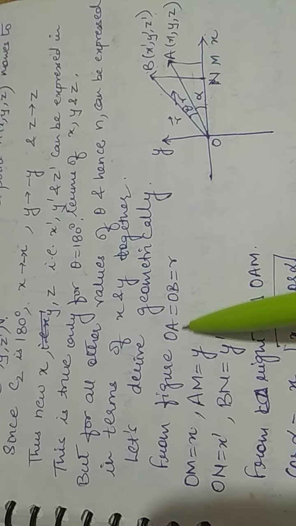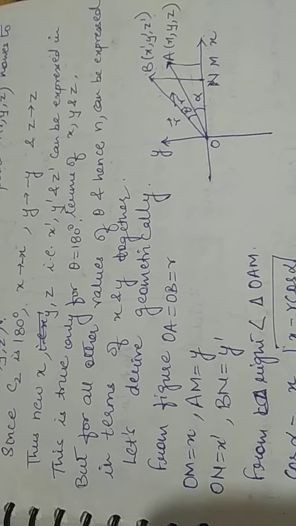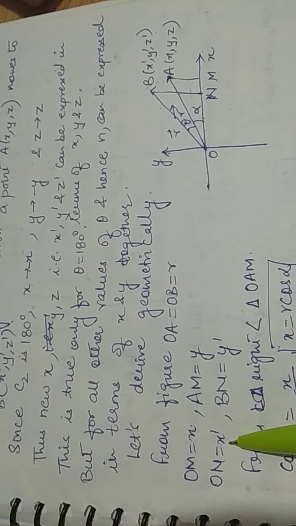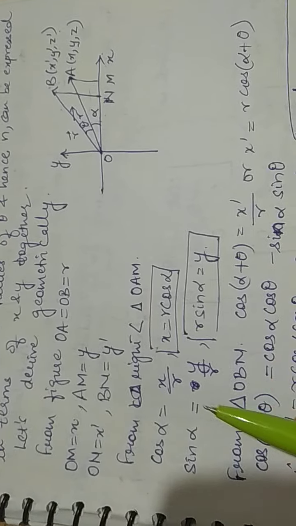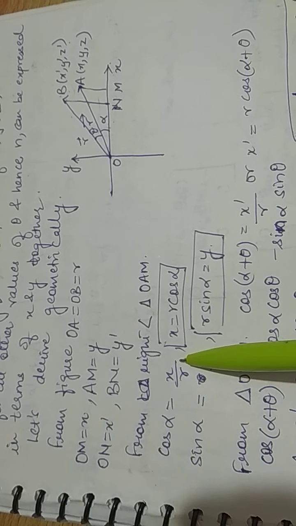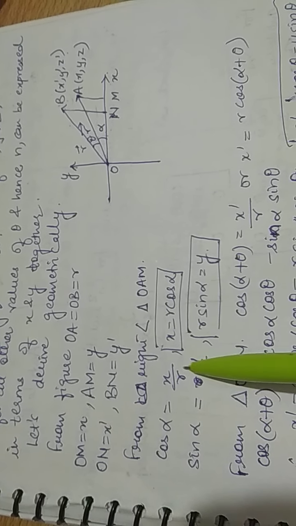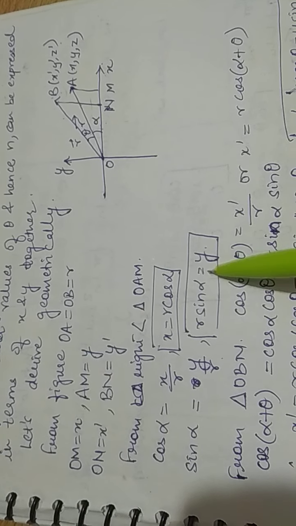From this figure, OA and OB are equal to r, they will be of equal length. OM is equal to x, AM is y, and then x prime and y prime correspondingly. Now from the right angle triangle OAM, cos alpha will be x by r and sin alpha will be y by r. So we can write x and y in terms of this.